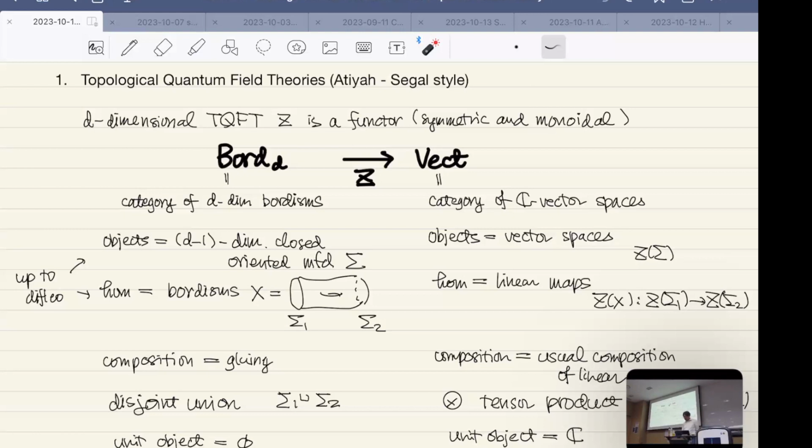It means that you have Z of sigma, the vector space assigned to the closed manifold sigma. And if you have a bordism X between sigma 1 and sigma 2, then you have a linear map Z of X from Z of sigma 1 to Z of sigma 2. And the composition of bordisms corresponds to composition of linear maps.